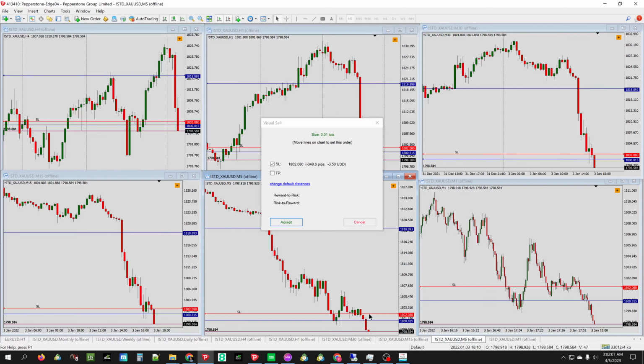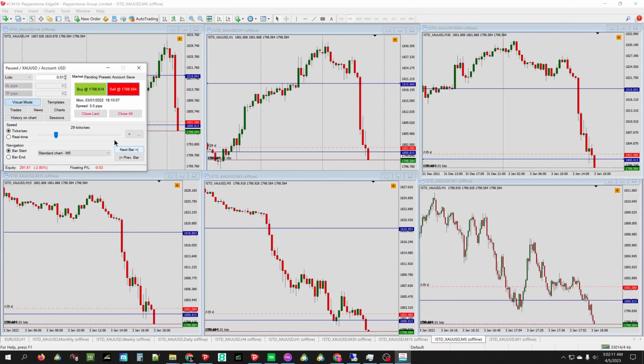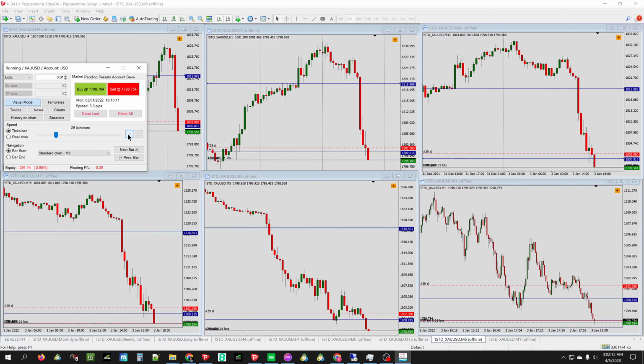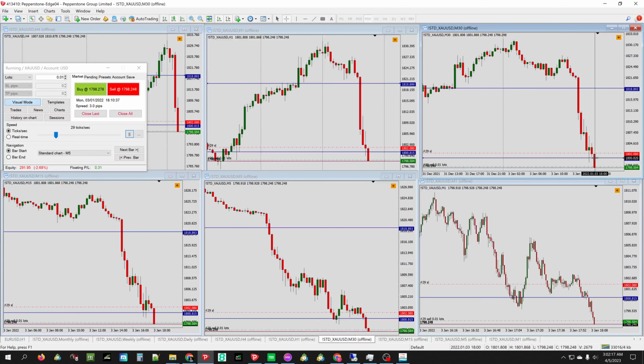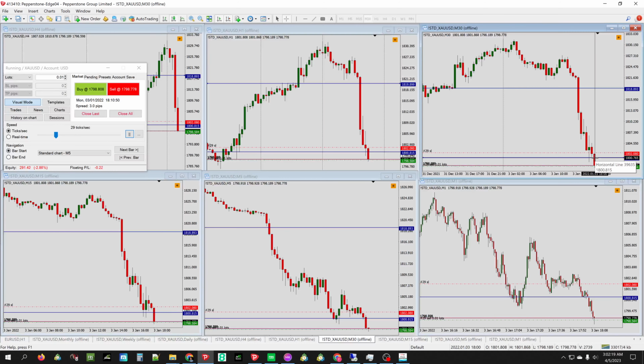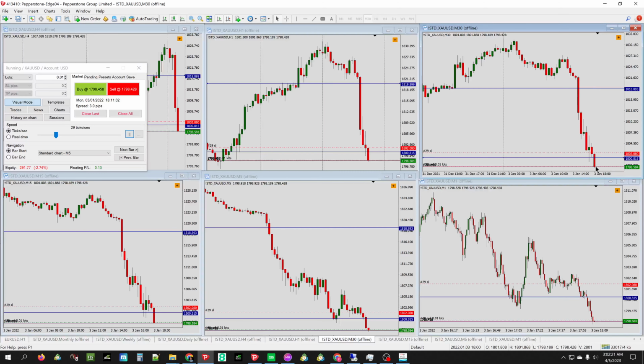Yeah, I will wait. Actually, I should have placed this sell stop right in here at 1800, but I am late for this sell stop.